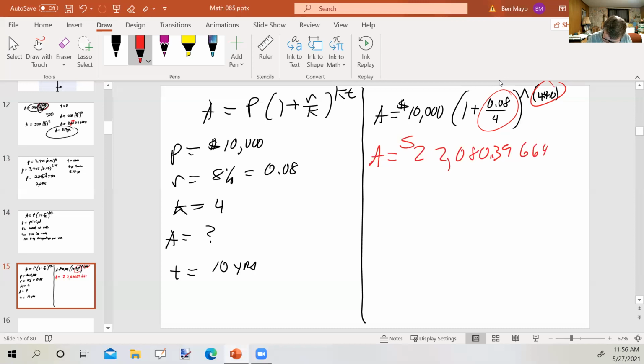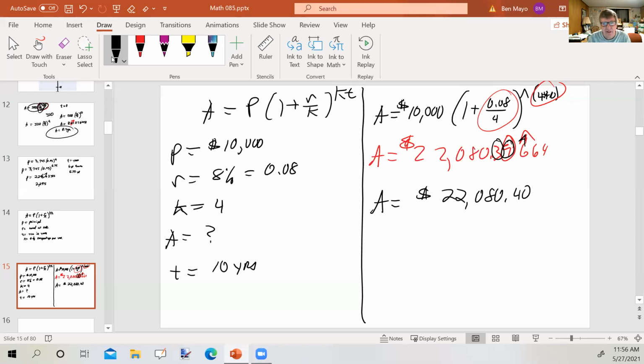All right, this is money, so we're going to round to the nearest cent. So the 6 would round up, and we're going to end up with $22,080.40 because the 6 rounds up, turning the 9 into a 10, kicking the 1 over to the 3, making it a 4.